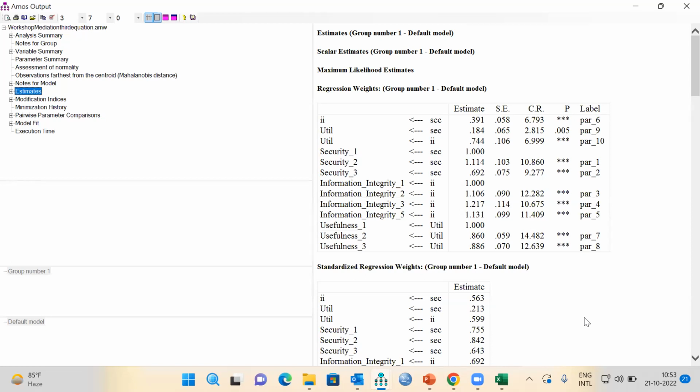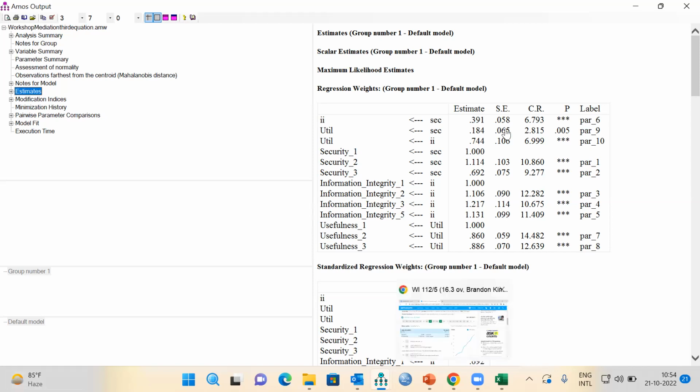So the mediation is there because all the paths are significant, both A, B, and simultaneously B and C together are significant. And also the direct path regression coefficient, when you test only the direct path compared to the equation where both are tested together, is coming down. The effect is coming down because there is a mediator effect. It is happening through a mediator.